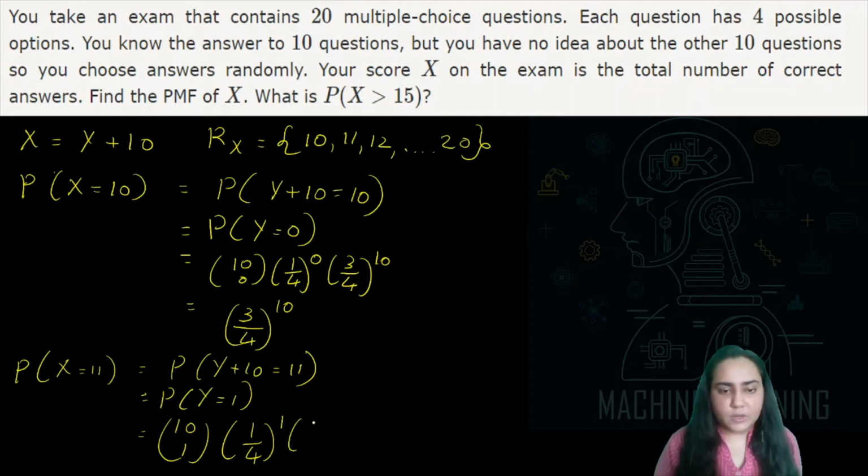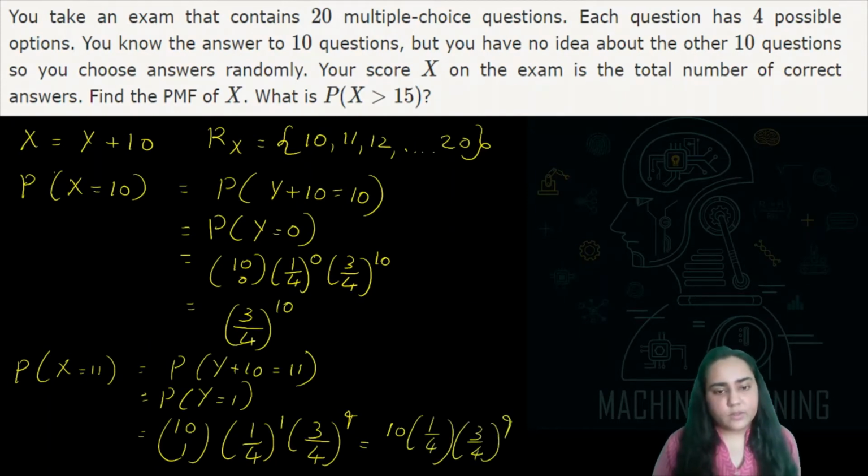And 3 by 4 raised to 9. Upon calculating this, you are going to get 10 into 1 by 4 into 3 by 4 raised to 9, because 10c1 is 10 itself. So this is what you will get.